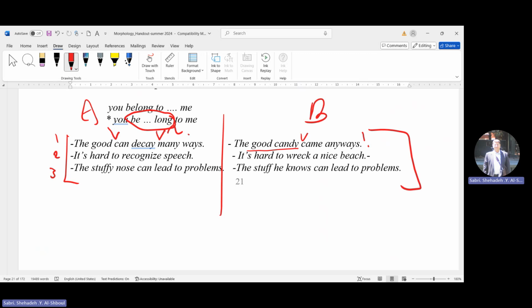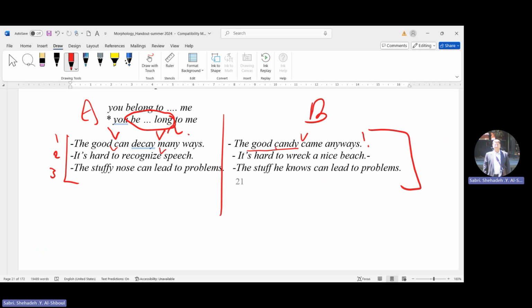"It's hard to recognize speech." If I keep producing this sentence many times, no difference would be clear. But if I use the proper pause, I think it would be clear. So: "It's hard to recognize speech." Or: "It's hard to wreck a nice beach."